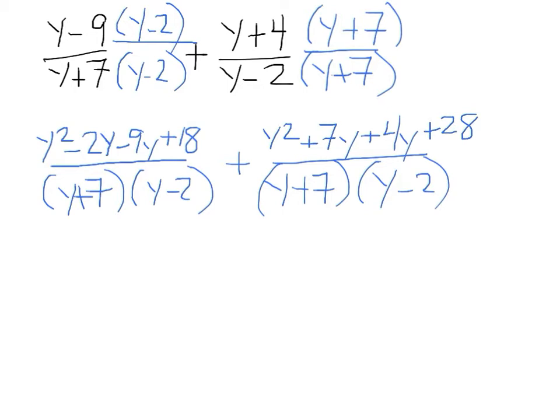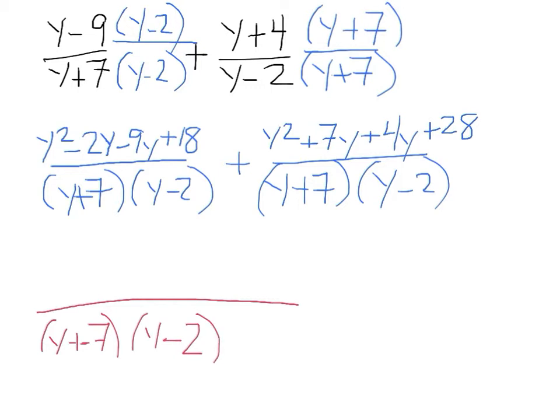So, now we come down here, and we get to make our big long line with the y plus 7 times y minus 2.